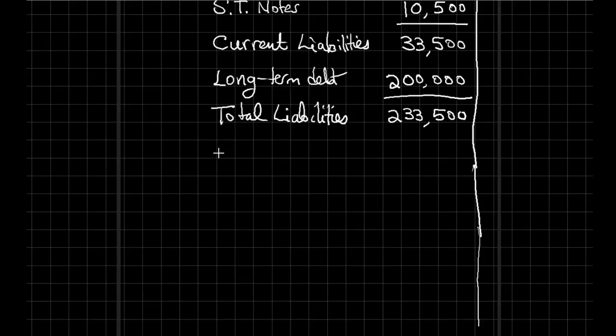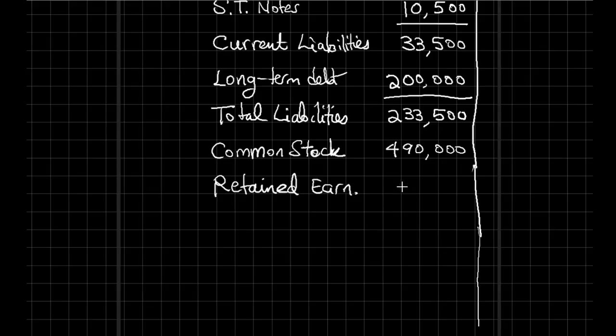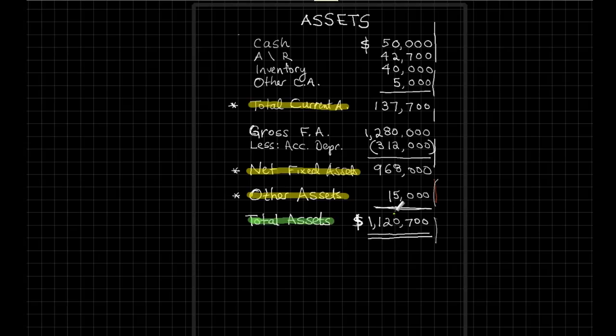So we decided we have common stock in the amount of $490,000 and retained earnings at an unknown amount. Regardless, though, one thing that I know for sure is that that figure should establish that liabilities plus equity is equal to $1,120,700.